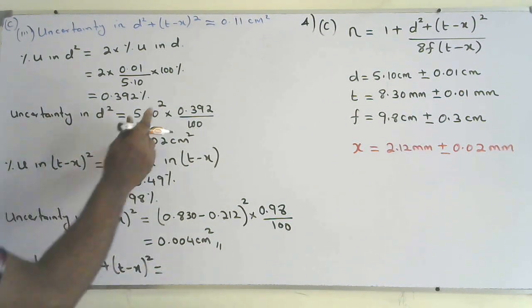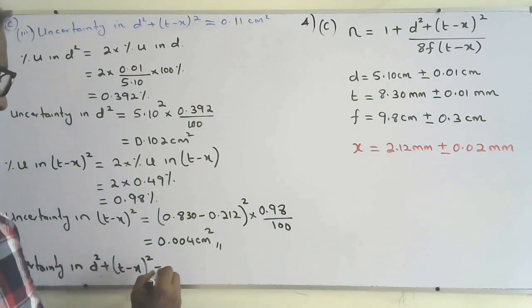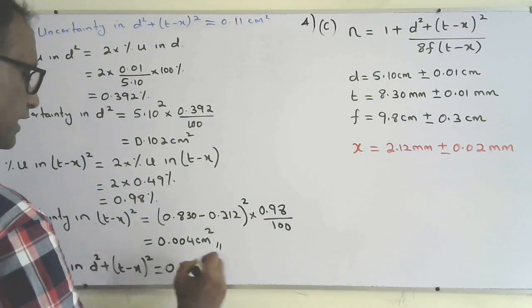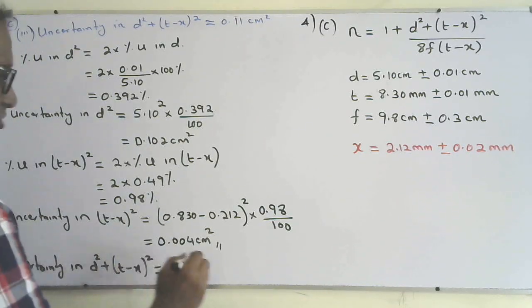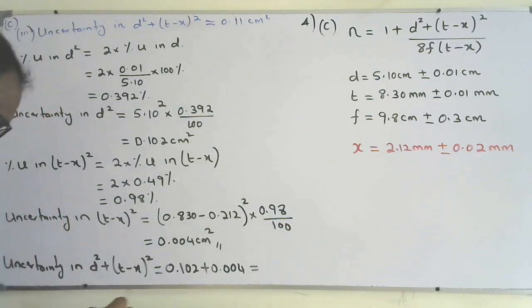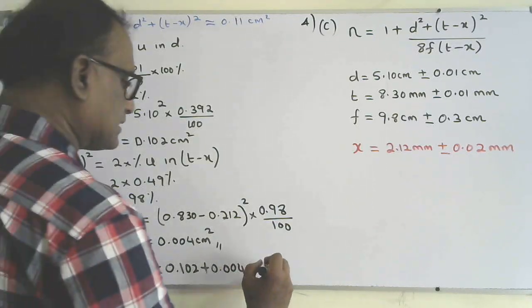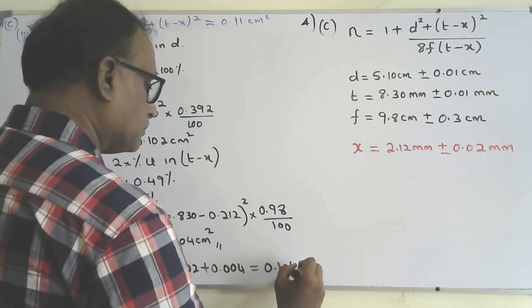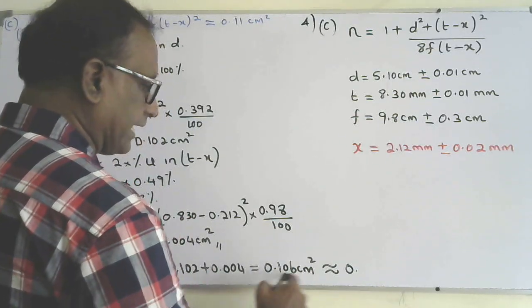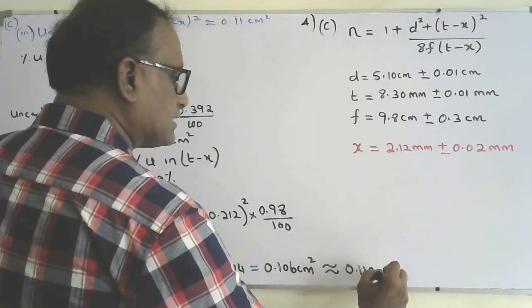Uncertainty of d squared, that is 0.102, plus this one, uncertainty of t minus x all things squared, 0.004. You will get 0.106, approximately 0.6. I can approximate to 11 centimeter squared.